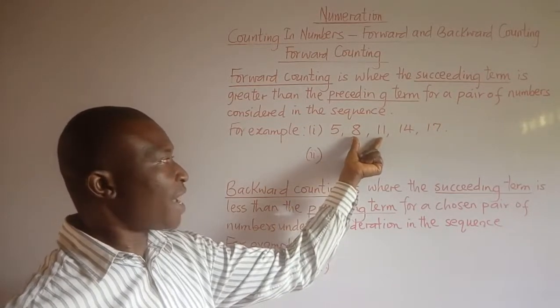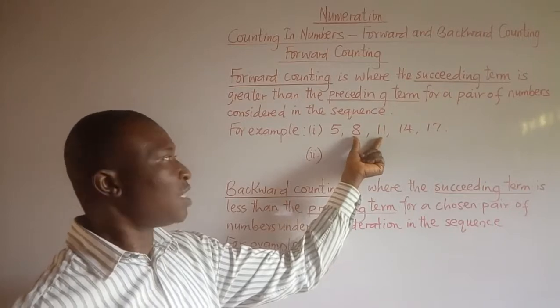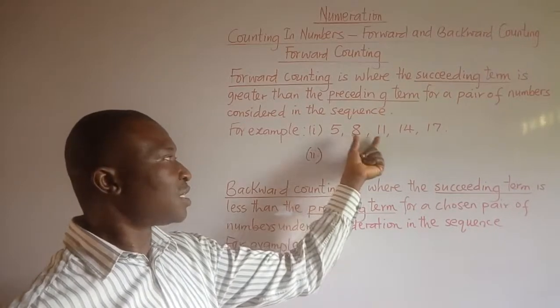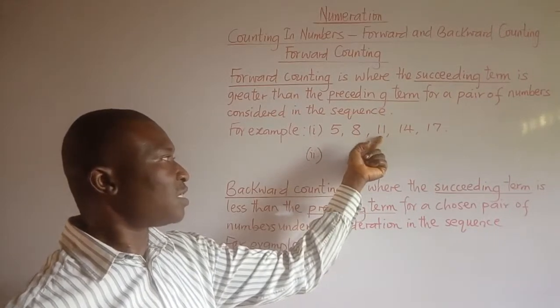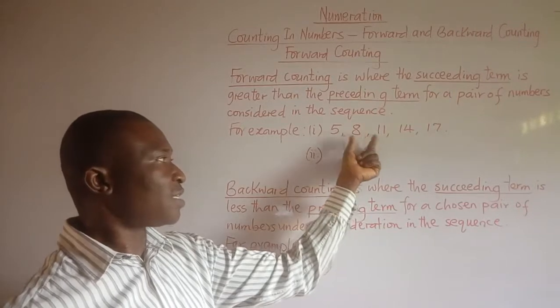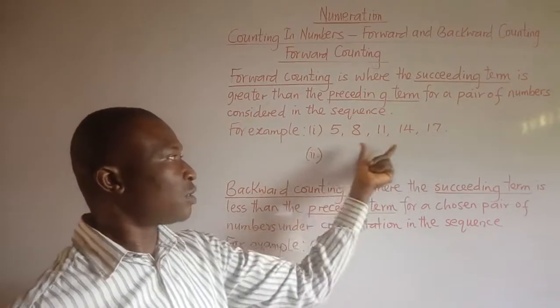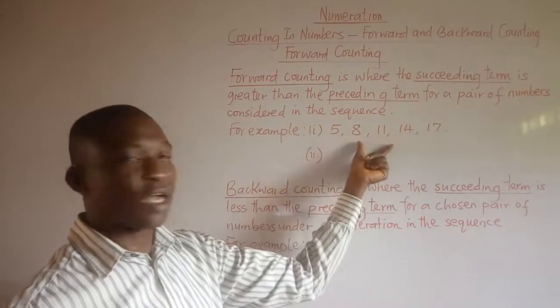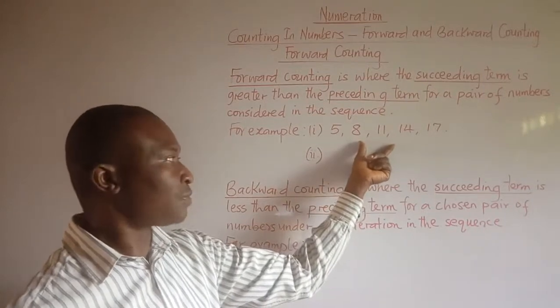Considering also the pair 8 and 11, 8 is the preceding, 11 is the succeeding, and 11 is greater than 8, and so on. So, this is an example of forward counting.